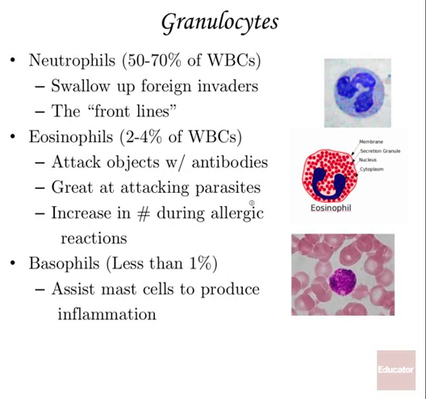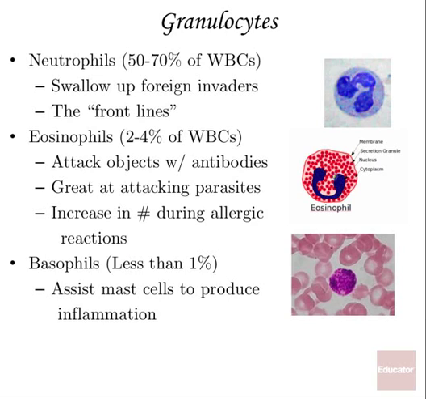If you have a parasitic infection, like a tapeworm, your eosinophil count is going to go up. And they increase in number during allergic reactions. Allergic reactions really just depend on the person. They probably happen because of a combination of genetics and environment affecting that abnormal immune response, but eosinophils do play a role in that.